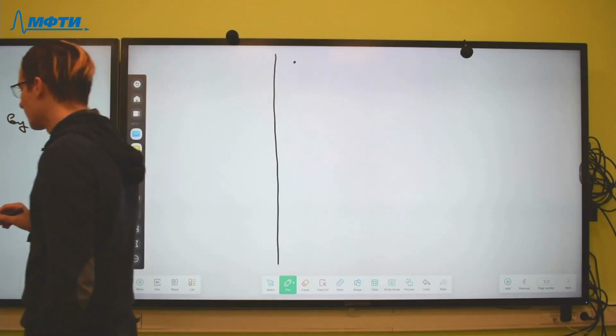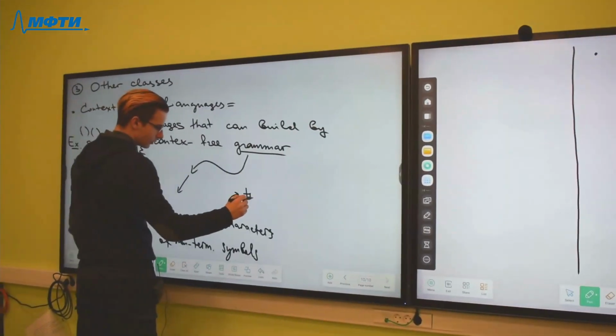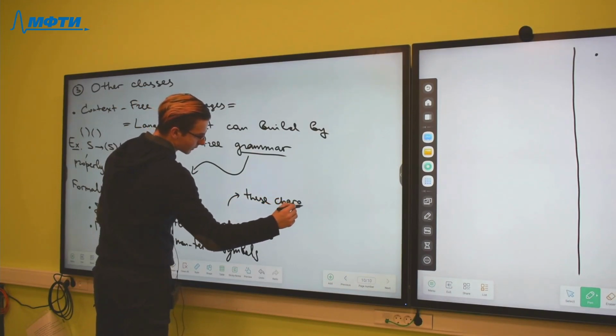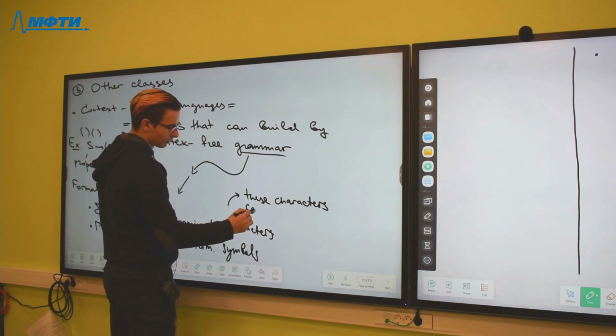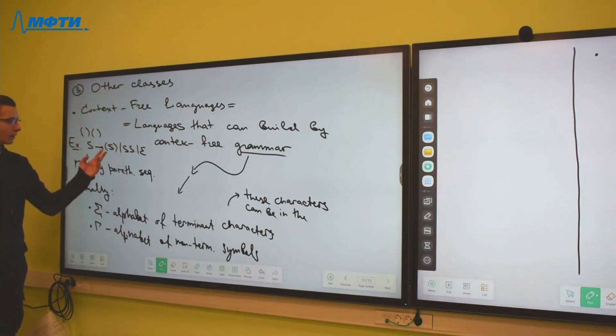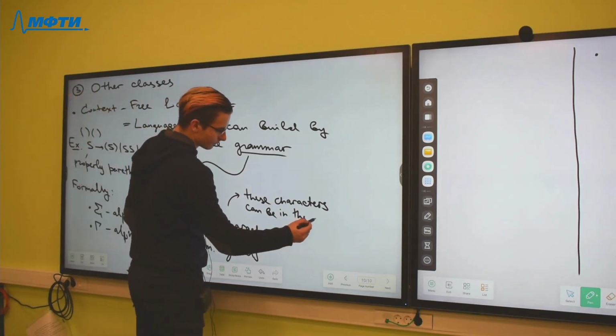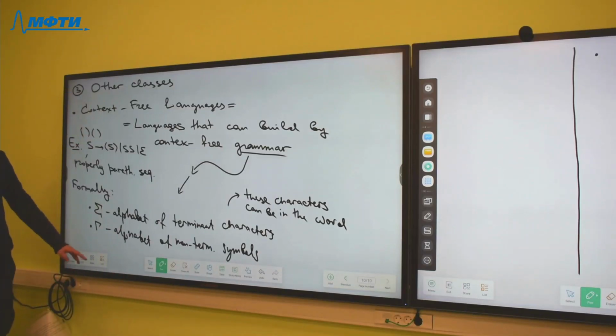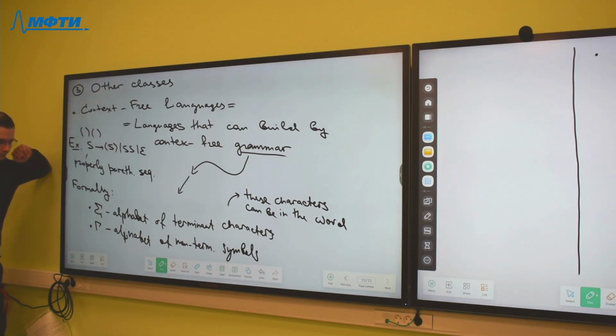Non-terminant. Because these characters can be in the words and these symbols, it codes the inner states of the words, but we cannot say that language that we can read too, of course.